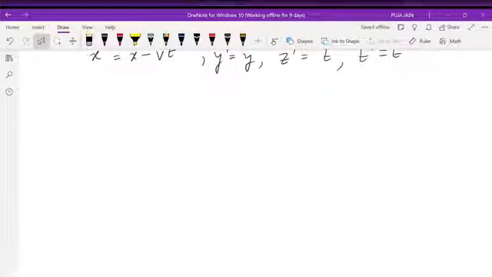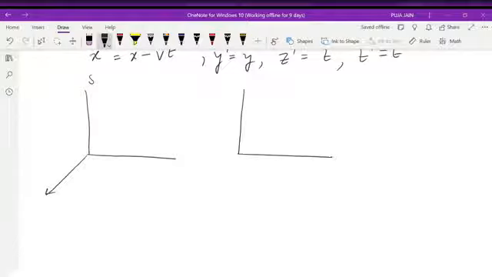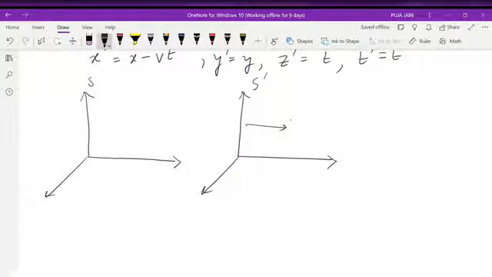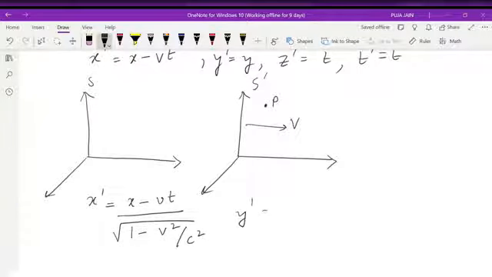So now according to Lorentz transformation, our transformed equations are, this is the S frame, this is the S dash frame, and this frame is moving with the velocity v, and suppose this is the point P. Similarly we can say that x dash equals x minus vt, but here comes one additional term, that is root of 1 minus v square by c square in the denominator. y dash is y and z dash is z, and our t dash, that is our time, is not equal to t; the time is also changing, and this is the relation.